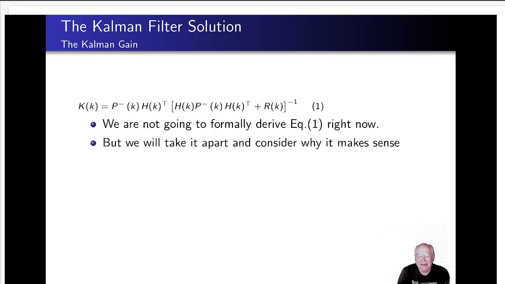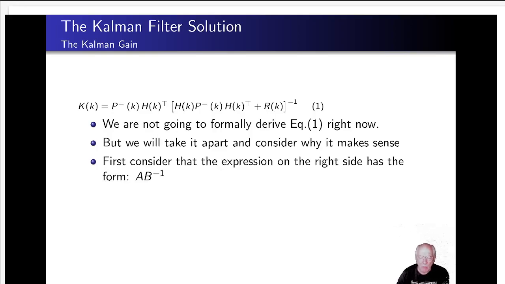However, we are going to take apart this equation and try to make some sense of how it works and why it makes sense. So first consider that the expression on the right has the form A B inverse, where A is PH transpose and B is HPH transpose plus R.